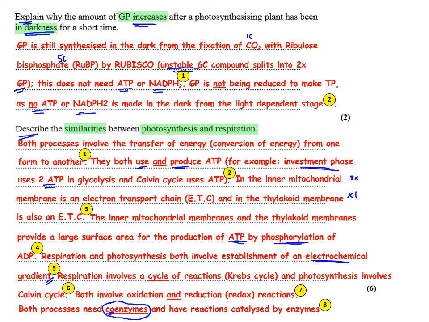Now, you don't have to mention the differences here because we're not after a difference, we're after similarities, but just for reference again, it's NAD in respiration and FAD as well inside the mitochondria. It's involved in the Krebs cycle, and in photosynthesis it's NADP, and that is the final electron acceptor at the end of non-cyclic photophosphorylation.